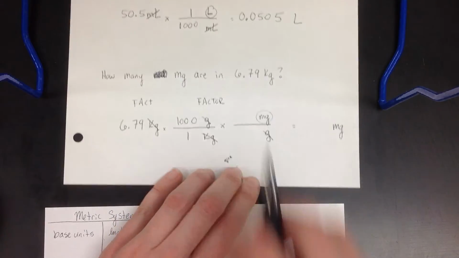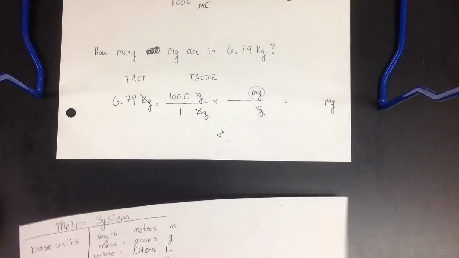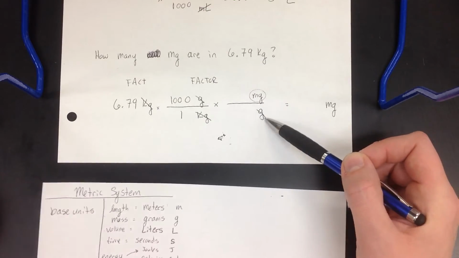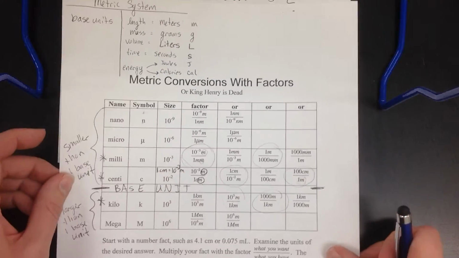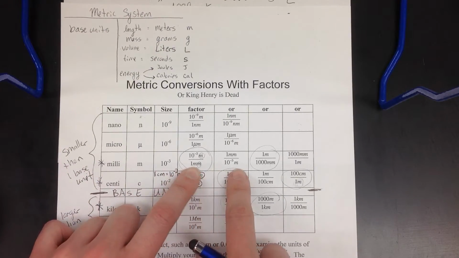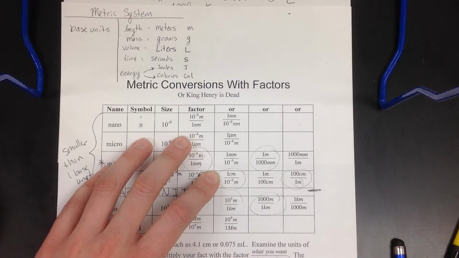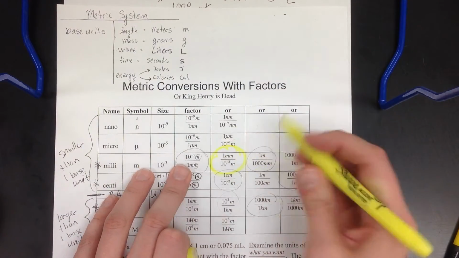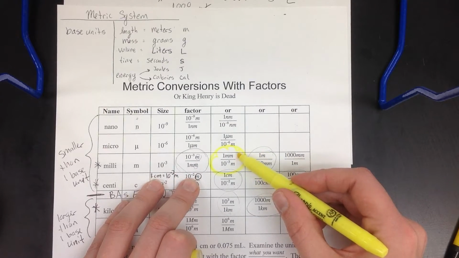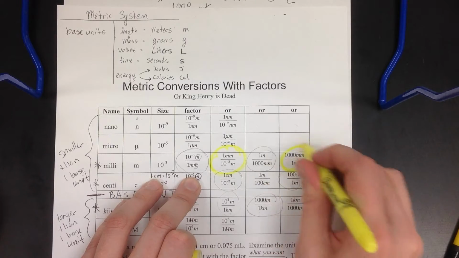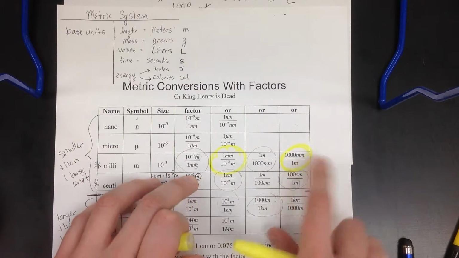So I need to find that factor that has the milli on the top and my base unit on the bottom. So come to milli, I need my milli on the top, so I could use, I'm going to use a different color, I could use this one, because that puts milli on top, or I could use this one, because that puts milli on top.